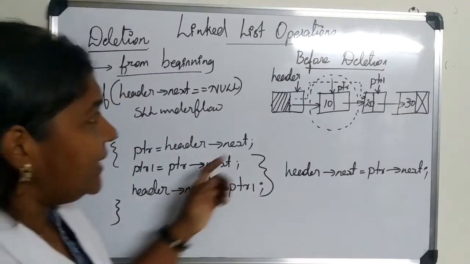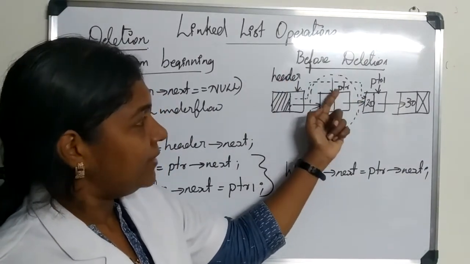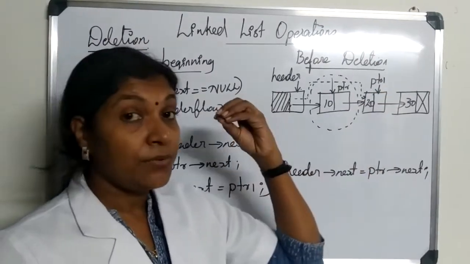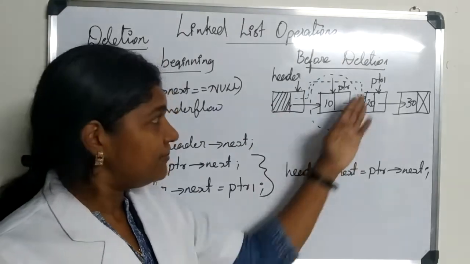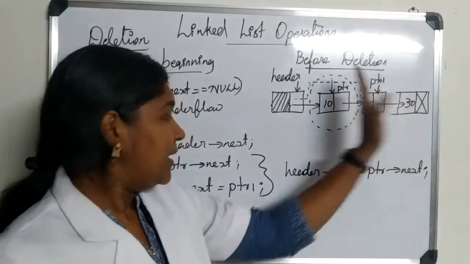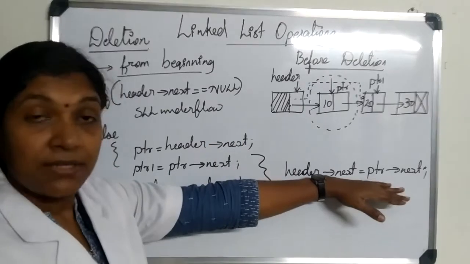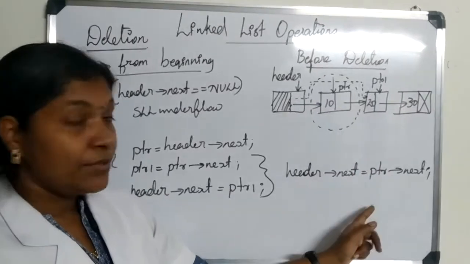Either we can do this process by providing names for both these nodes, PTR and PTR1, which is easy to understand, or we can reduce the complexity by avoiding PTR1. That is, we can replace these two lines with a single line: header dot next is equal to PTR dot next. How is it implemented?